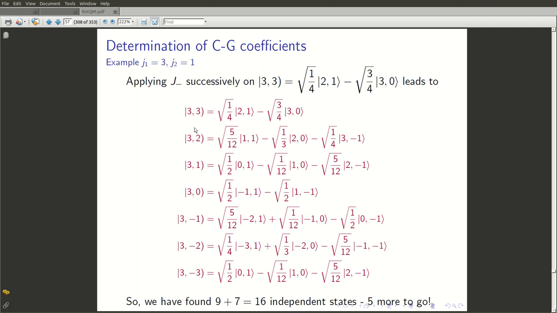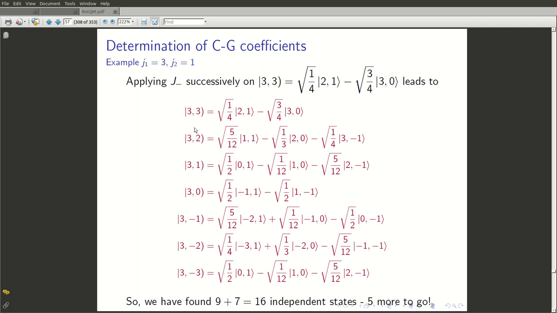These, remember, are independent because they all differ from each other by at least one eigenvalue of one of the 2, in fact, J square or Jz, and that's enough. Since J square and Jz are Hermitian operators, eigenvectors differing in at least one of their eigenvalues must be orthogonal. So we have 21 orthogonal vectors here in a 21 dimensional space, so there can be no more.